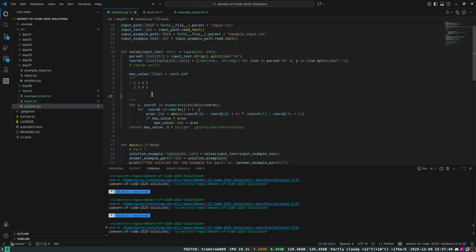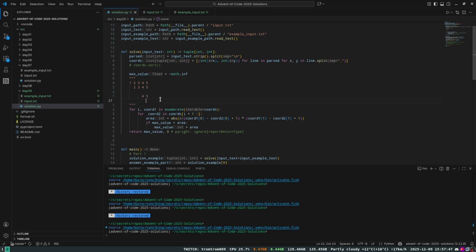Then the last loop we have 4 and 5, and the inner loop will be only 5. You know? I don't know if this counts as n squared. It's less than n squared though.